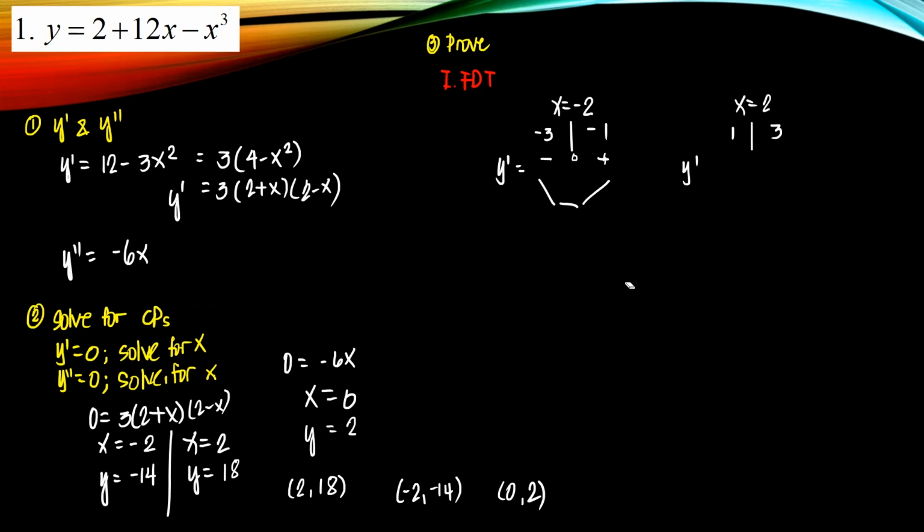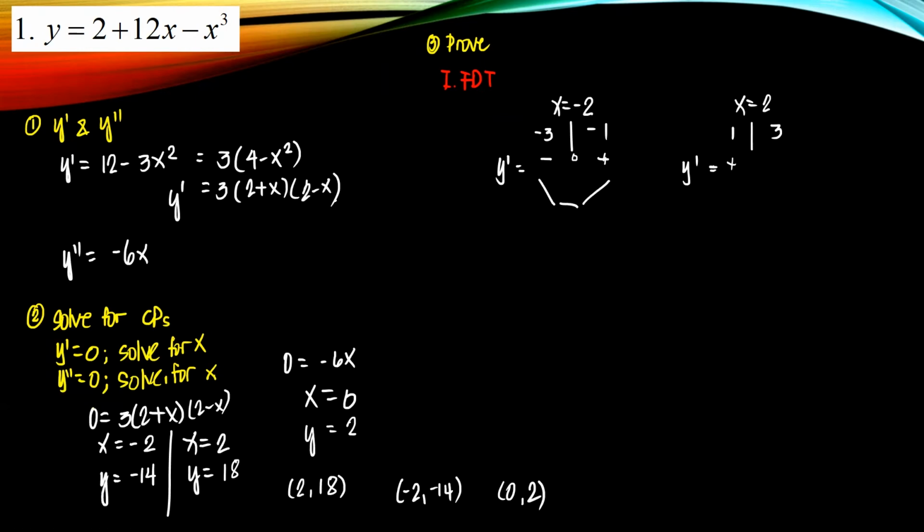But let's see later on as we go along. In here, if I plug in 1 in the y prime, 2 plus 1 is positive. 2 minus 1 is also positive. So positive times positive is plus. Where did negative 1 come from? It basically is, think of a number that's greater than and less than negative 2. So less than negative 2 is negative 3, greater than it is negative 1.